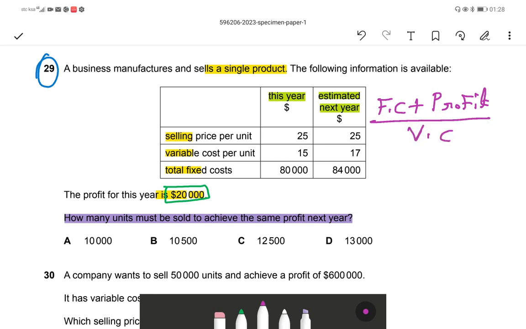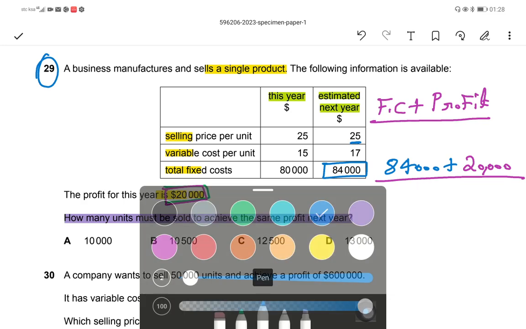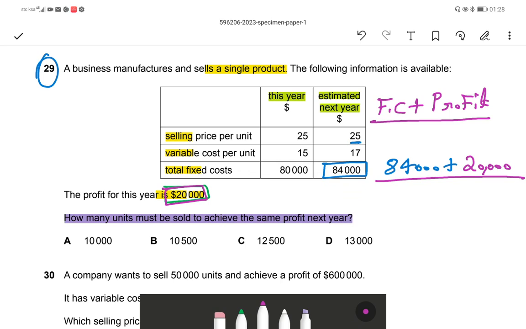Here the fixed cost is the fixed cost of the estimated year, 84,000. 84,000 plus the profit we are estimating, 20,000, divided by, not variable cost, it is contribution.